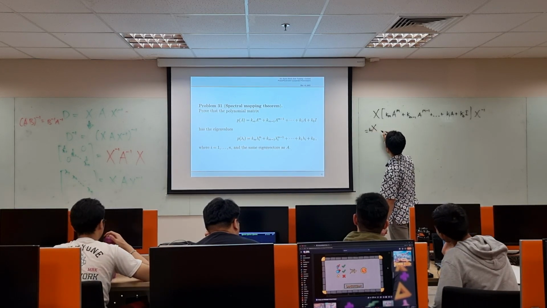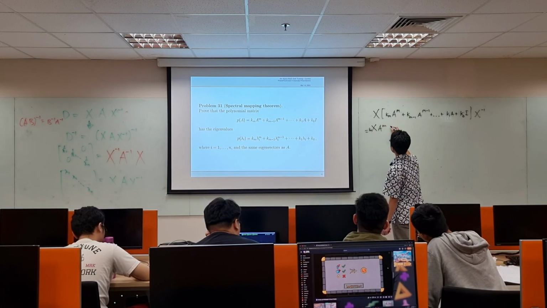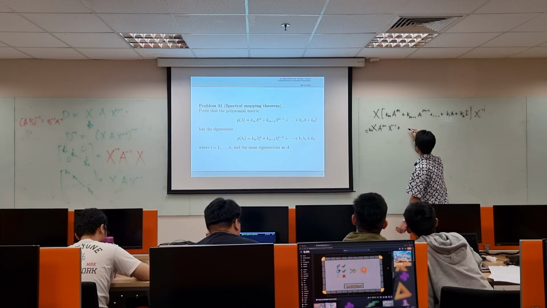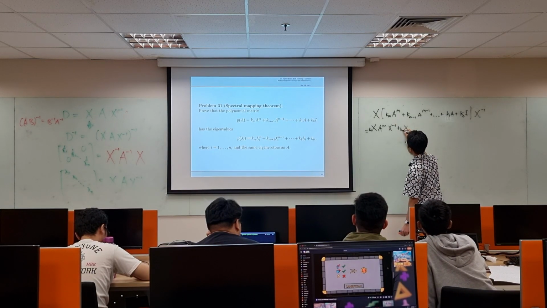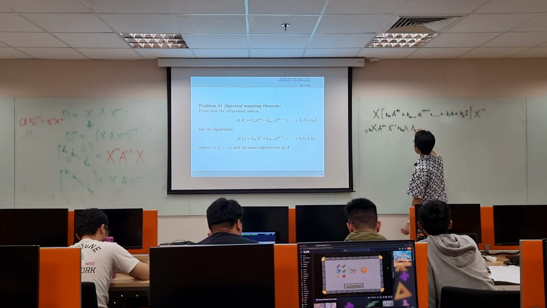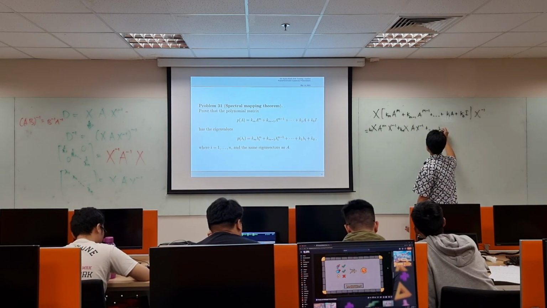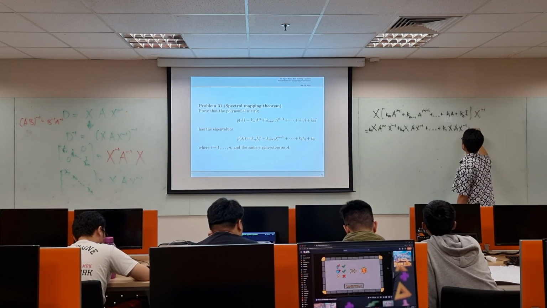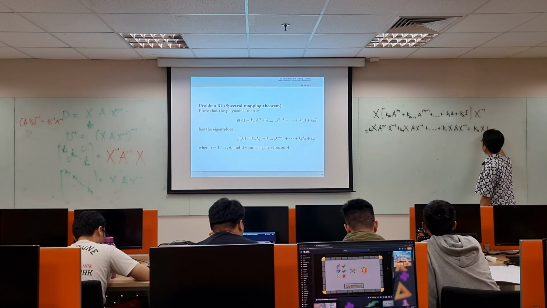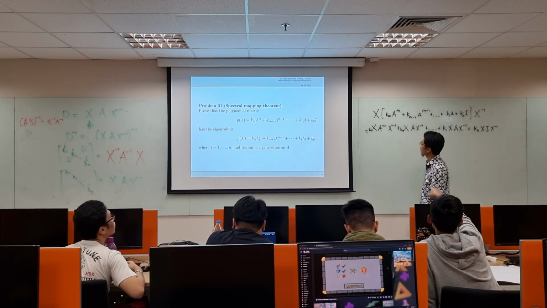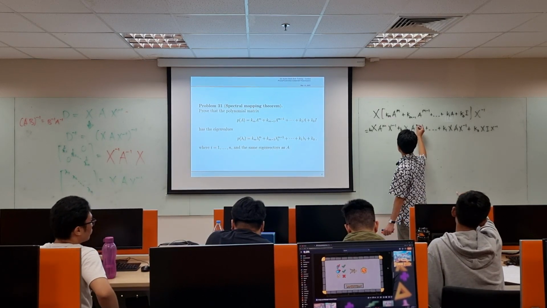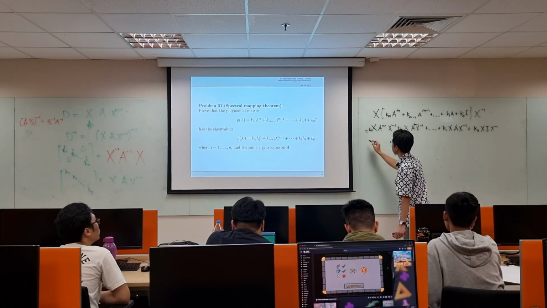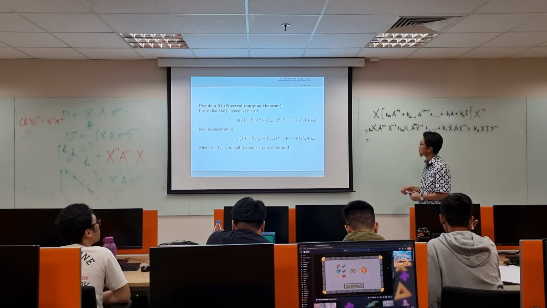It is k_m A to the power of m, X inverse, plus X, this is k_(m-1), plus, and then in here k_1 X A X inverse plus k_0 X I X inverse, yeah. Isn't that supposed to be m minus 1? A to the m minus 1. M minus 1, yeah, correct. So the result is what?